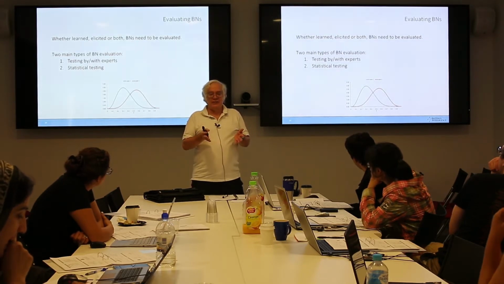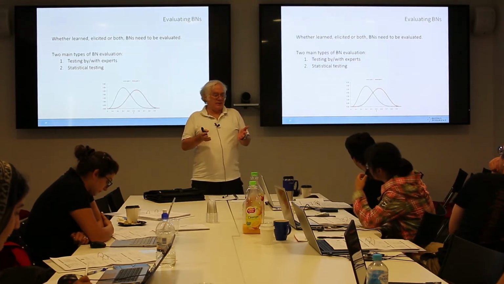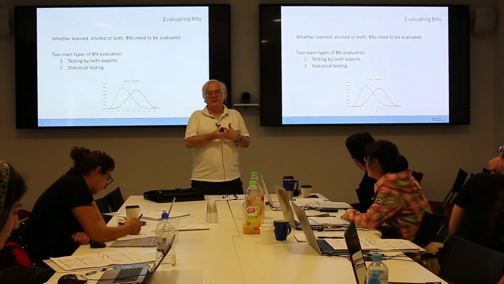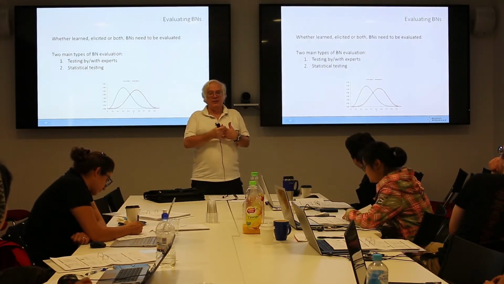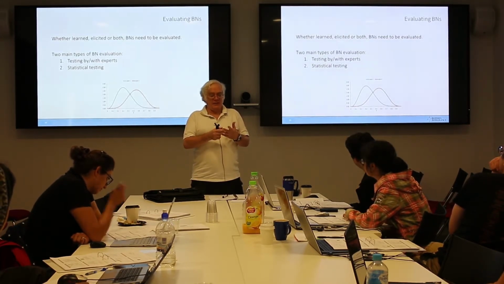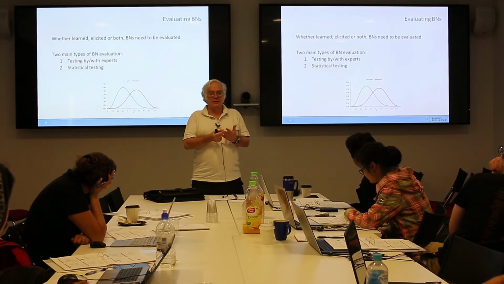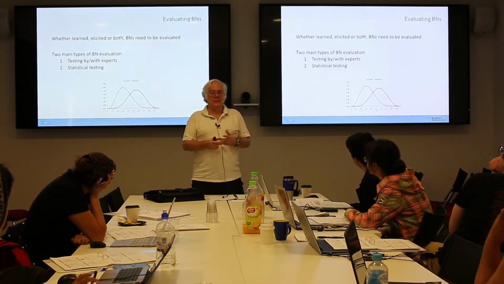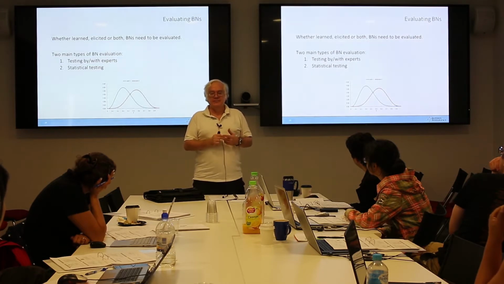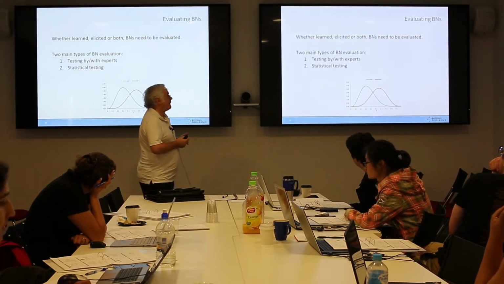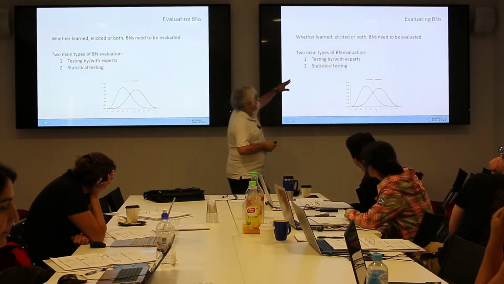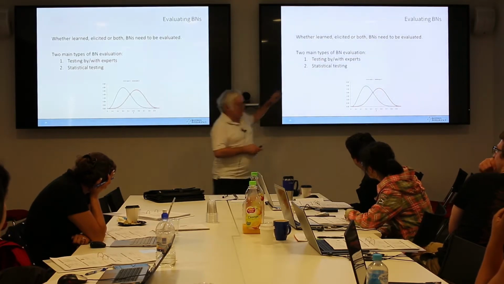But you can also ask things like, well, if you have a case of a refugee from Afghanistan who's been a health worker, and this model says the probability of that person having latent TB is 0.001, you can ask the expert, is that sensible? And the expert will say no. Okay, so you can test with experts, you can do testing with data.